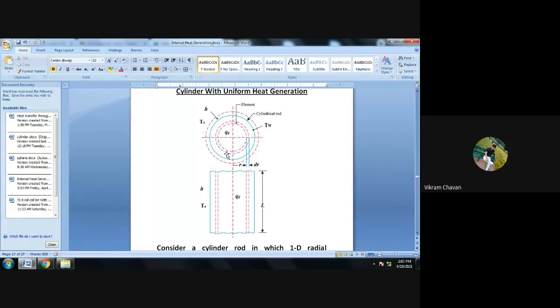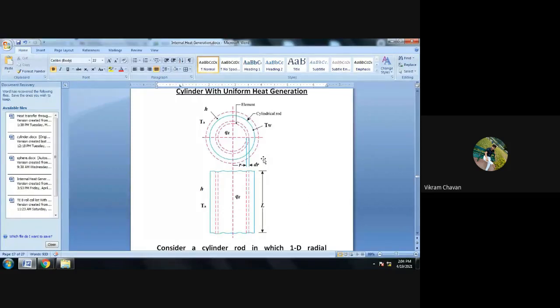This is the element we have considered, and its thickness is dr. That element is located at a distance of r, that is, its radius is r from the center of the rod. Getting everyone? Now we are going to consider this diagram for the further derivation and calculation for heat generation in a cylindrical rod.